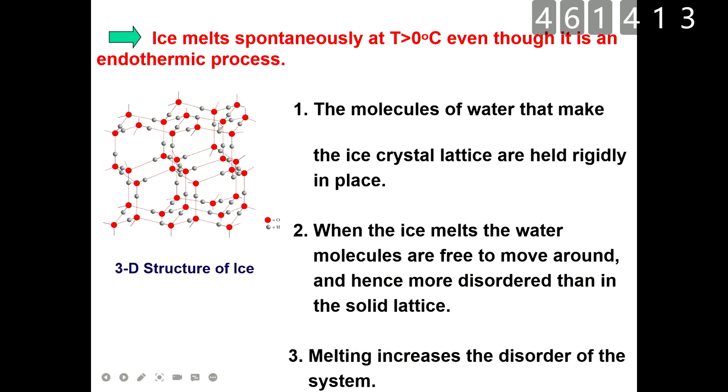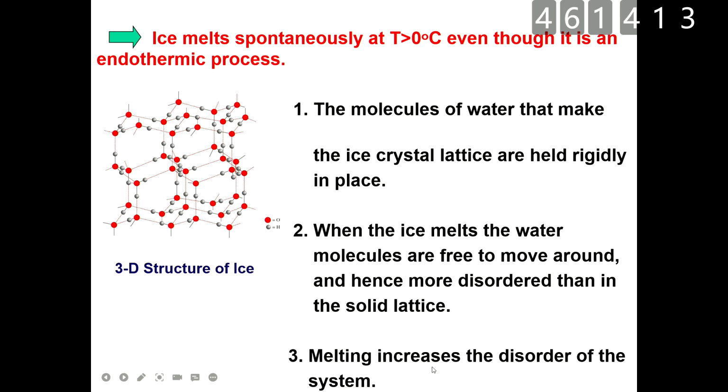We know the molecules of water that make up the ice crystal lattice are held rigidly in place. So the disorder is very low. But when they melt into water, they are more free to move around, and hence have more disorder than in the solid state.